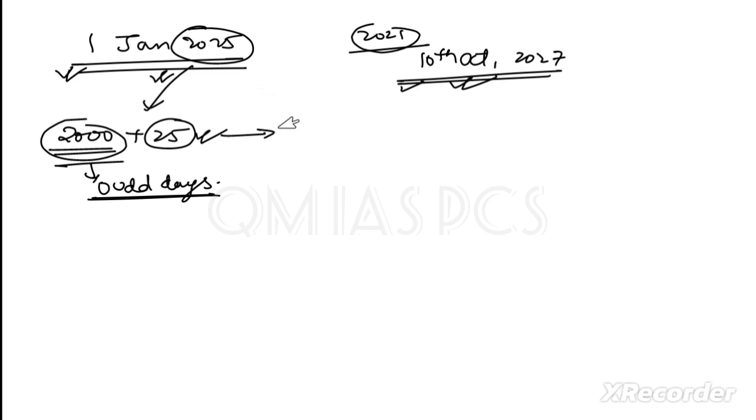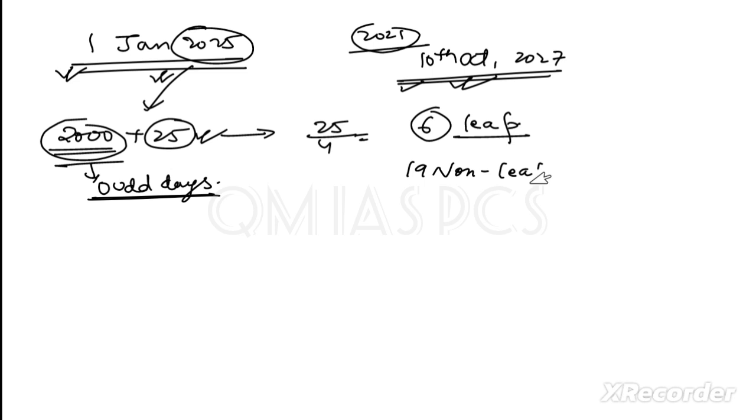So we divide 25 by 4, we have 6, meaning 6 leap years, and the rest 19 are non-leap years. So 6 leap years means 12 odd days, and there are 19, so we add both, it will be 31 odd days.